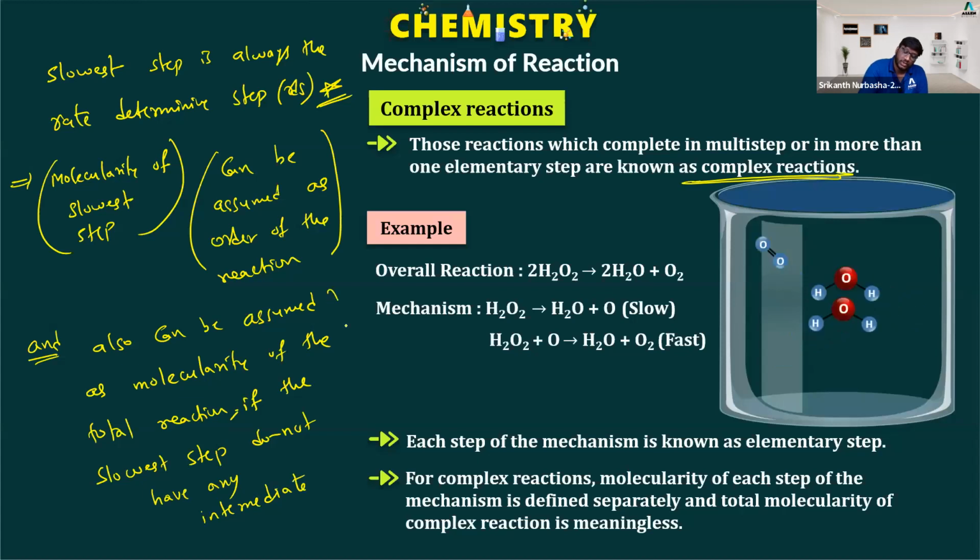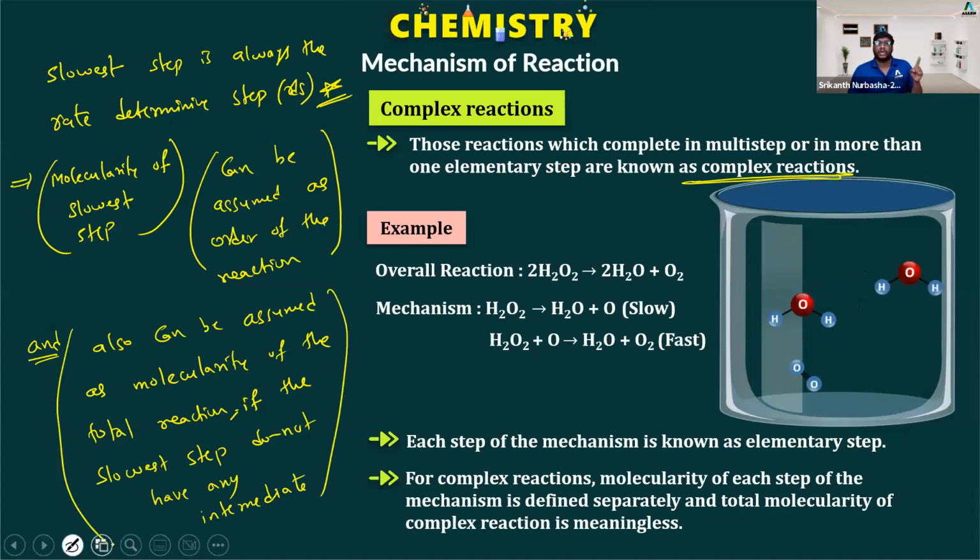So you have a complex reaction. You have to find out the order of that complex reaction. The order of that complex reaction is equal to the molecularity of the slowest step. In a complex reaction, molecularity of the slowest step is the same as the order of reaction, which you can also consider as the molecularity of the reaction when the slowest step does not have any intermediate.